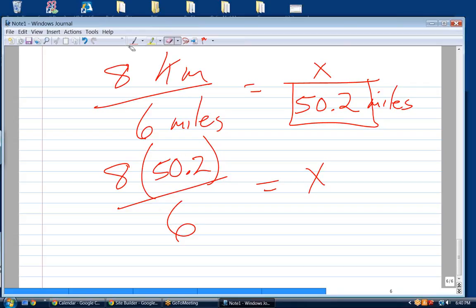I can simplify it. When I go to reduce this, what would I write instead of 8 over 6? 401.6 over 6. And then she doesn't like decimals in our fractions. So, wait, no. Oh, yeah, so she doesn't like decimals, so it would be 416 over 60.